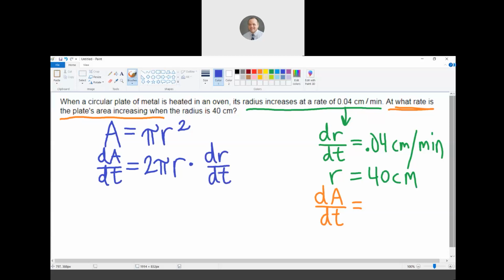Now that we've taken the derivative, the next step is to plug in all of our information. r is 40, and dr over dt is 0.04.